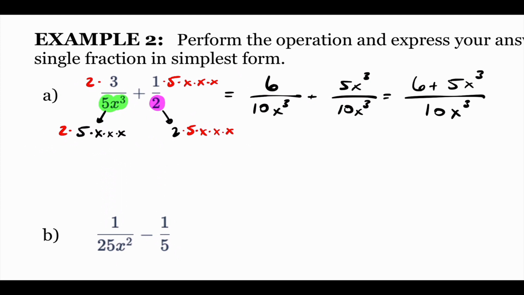Here's my question. Can I do this? Giant 1. Can I do that? Everyone okay with that? When we could do that, it was because they were the same, right? So let's look at the top before I do that. Is the top a monomial, binomial, or trinomial?